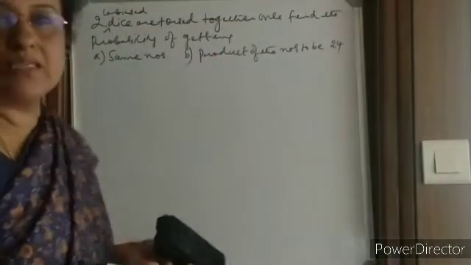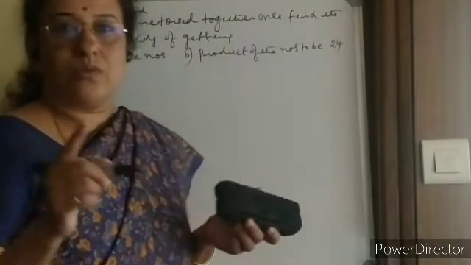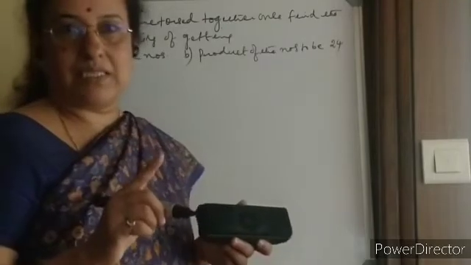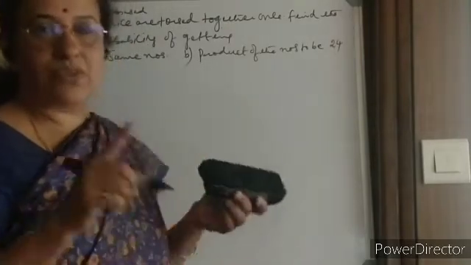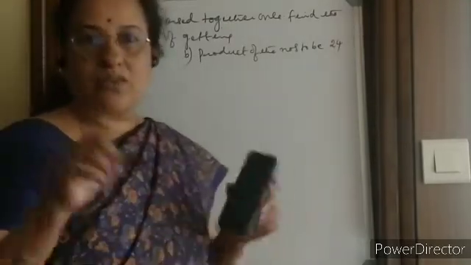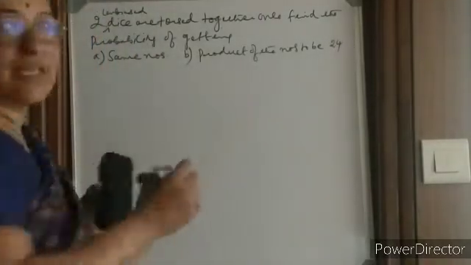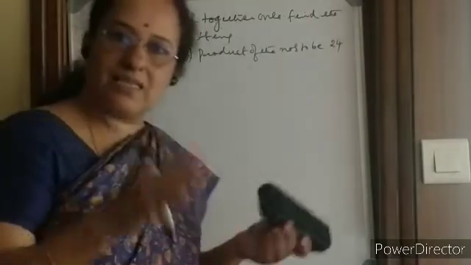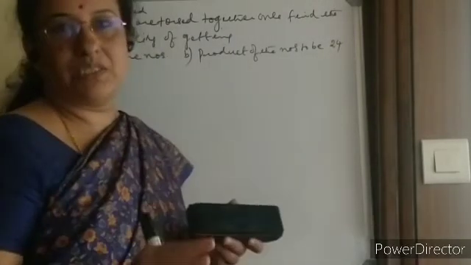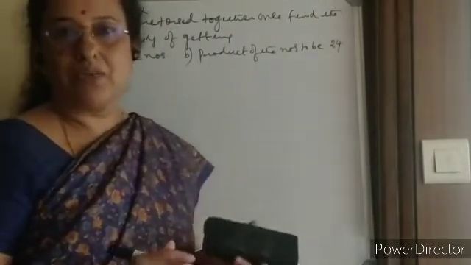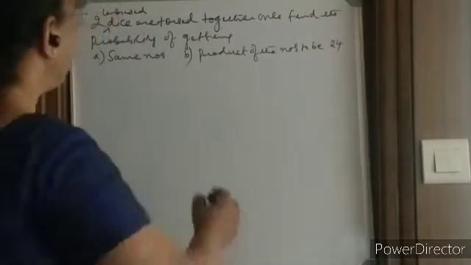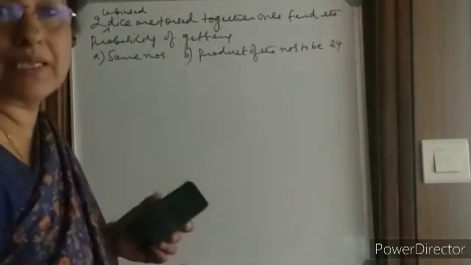Now what does it mean? Same numbers. Each die has 6 numbers. So the first die will show one number, and the second die also should show the same number. Then the next one, product of the numbers. The first die number and the second die number, if you multiply both together, that product should be equal to 24.